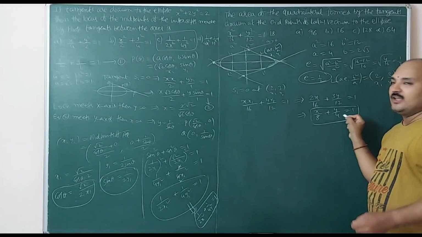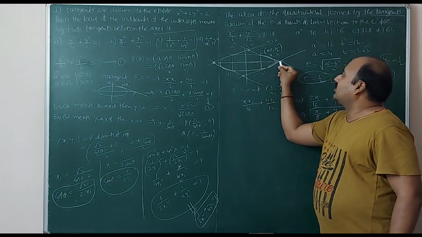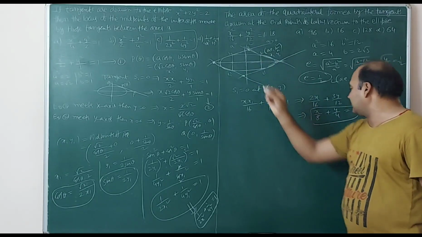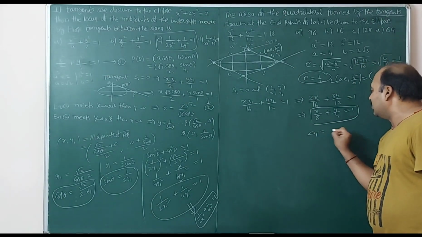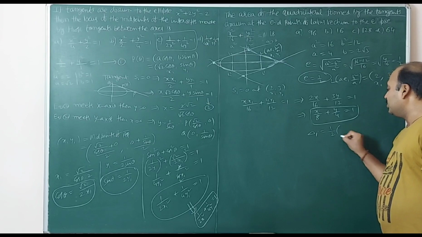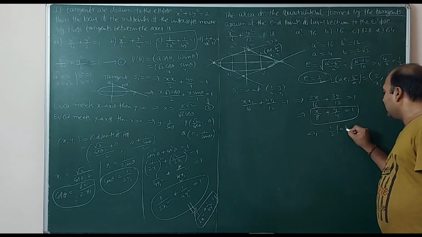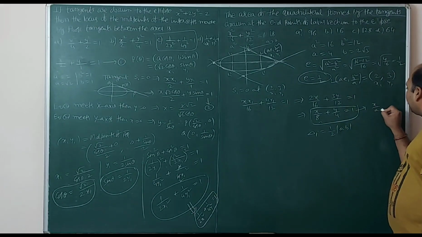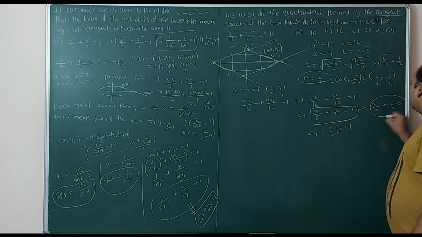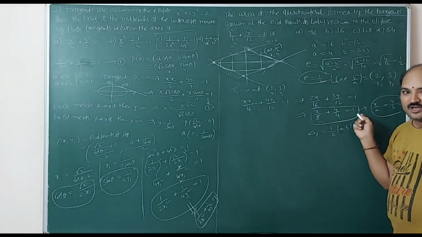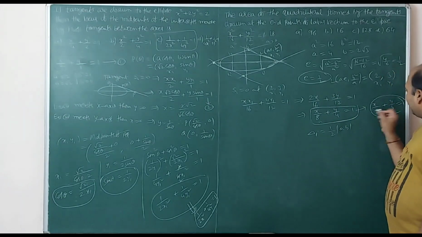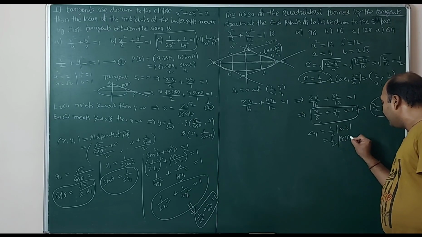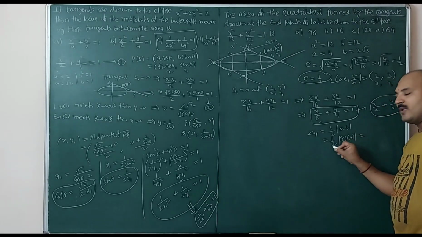What is the area of the triangle formed by the line x by a plus y by b equal to 1 with the coordinate axes? So delta 1 is equal to half into mod ab. This is the intercept form now, x by a plus y by b equal to 1. These a, b values are different, students. So substitute the values in this: half into 8 into 4, so 32 by 2, that is 16.